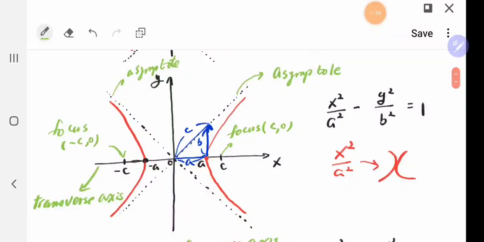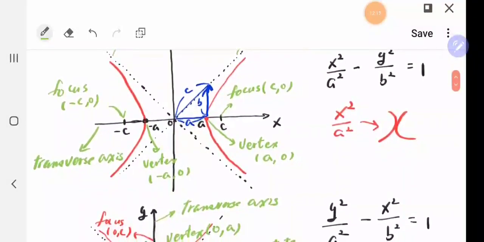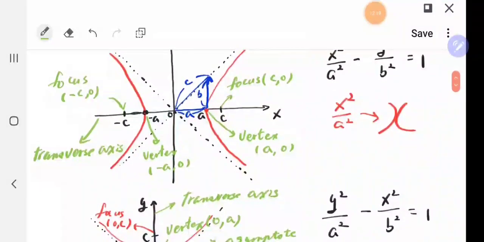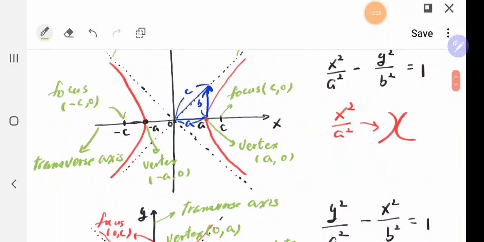This is vertex 1, x equals a, y equals 0, and another vertex, x equals negative a, y is 0. So there are two types of hyperbola equation: one starting with x squared and the other starting with y squared. Always make sure there is a minus sign between them, not plus.